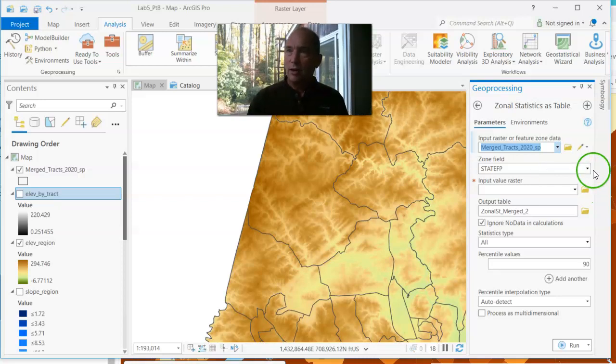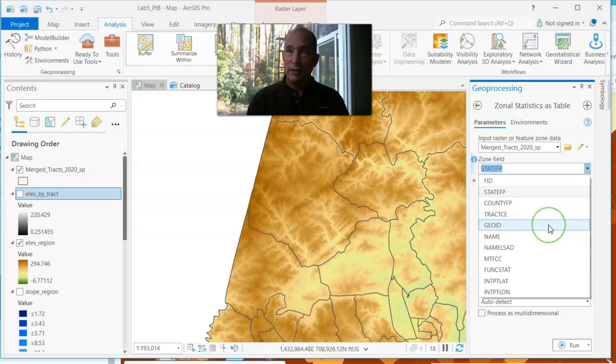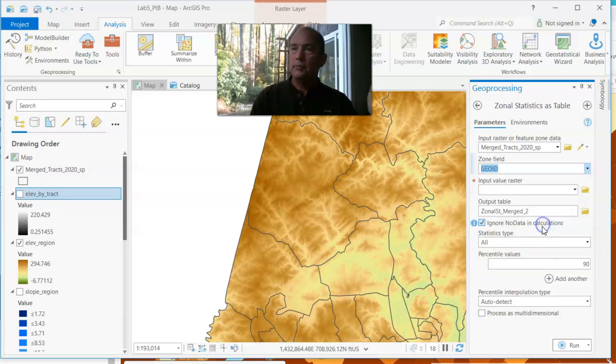And so here, I'm going to be real deliberate about taking that GeoID field, because this is going to give me the means to take this data table and relate it back to a spatial object so that I can draw a picture of it. So be careful when you do this to use the zone field, GeoID. And if you aren't sure about why we're using GeoID, recall in our previous labs, that is a unique identifier. It's an 11-digit number that allows us to refer to each tract uniquely.